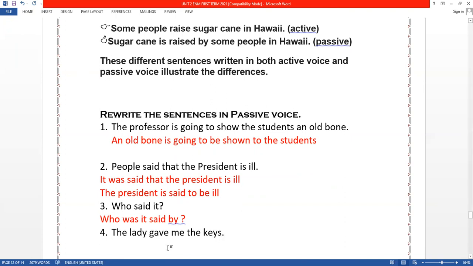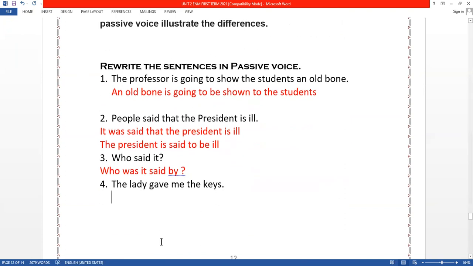The lady gave me the keys. Take care, my dear students, that we have two objects here. We can start with me or the keys. Let's start with me. I was given the keys. This is the first answer.